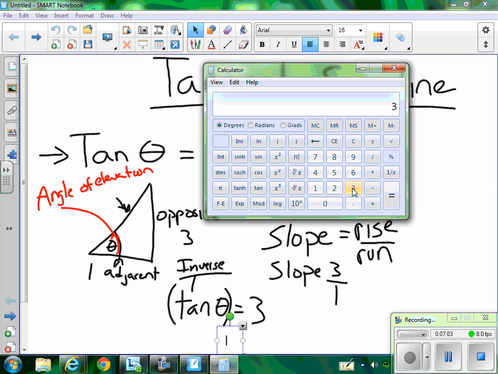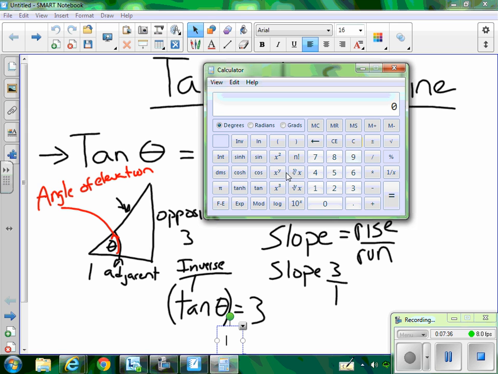So remember, I put my number in, and because I'm given the slope and I'm going to angle, I have to do the inverse, and I get 71 degrees. So that means that this angle here, the angle of elevation on my example, is 71 and a half degrees from the horizontal. Okay, so hopefully that clears up how to use your calculator.